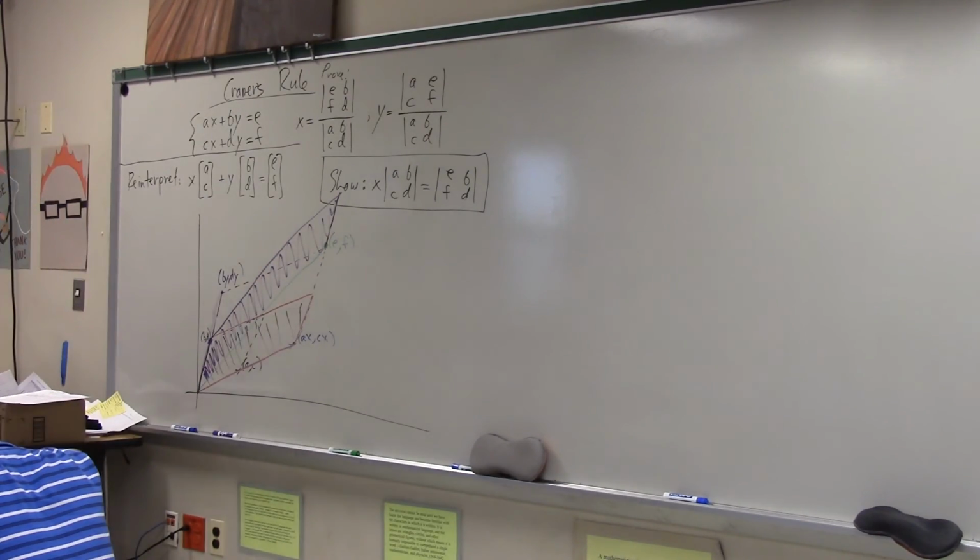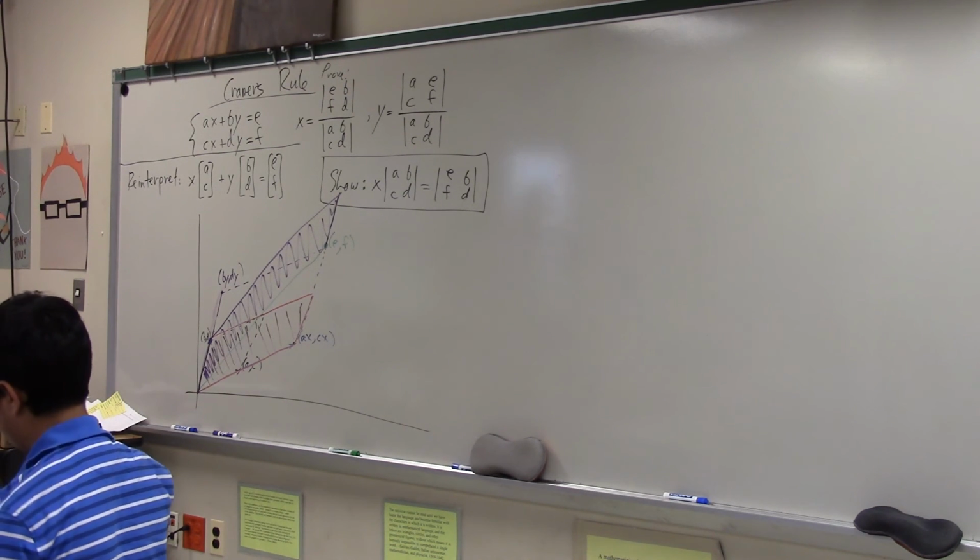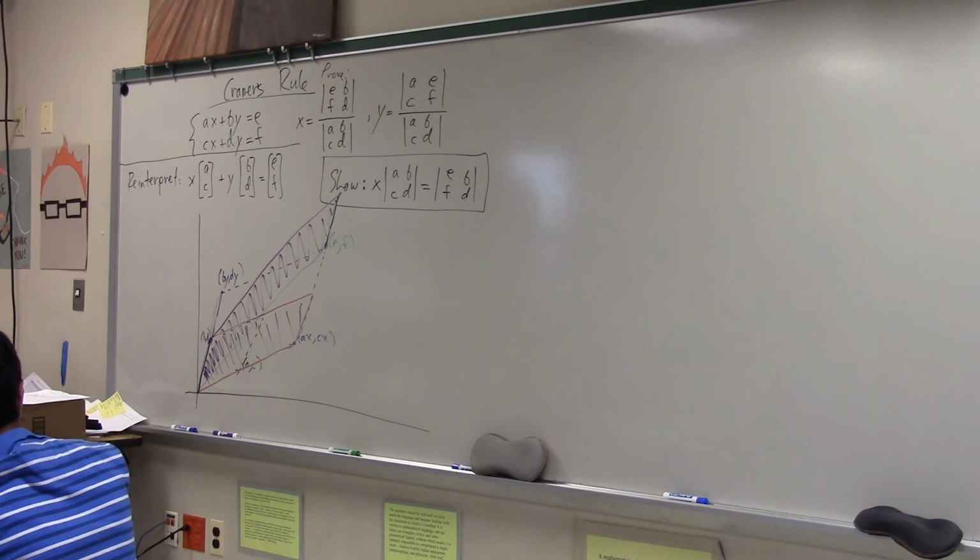So this is the proof of Cramer's rule purely by picture. That purple parallelogram has the same area as the red parallelogram because it's just a shear. And the red parallelogram has x times the area of that original tiny little black parallelogram.